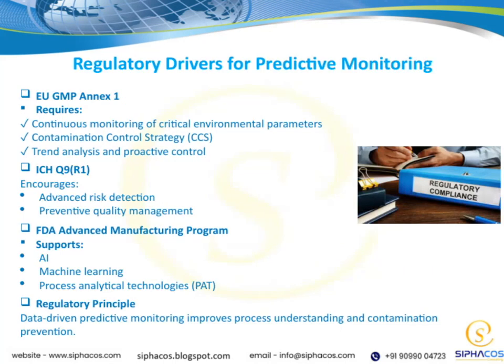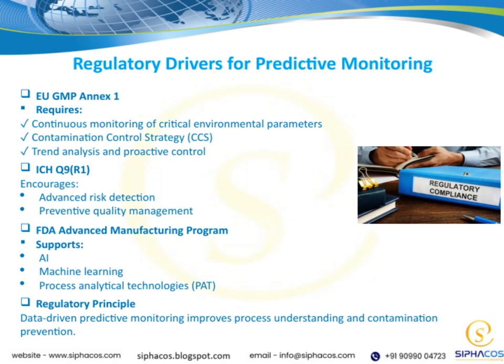Let's talk about the regulatory forces shaping predictive monitoring in manufacturing. The EU GMP, Annex 1 sets clear expectations: continuous monitoring of critical environmental factors, a strong contamination control strategy, and ongoing trend analysis to stay ahead of issues.